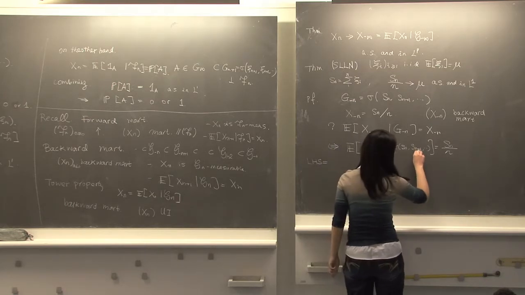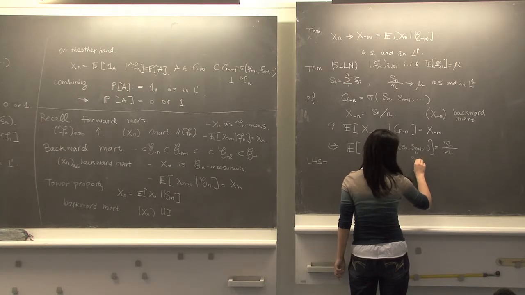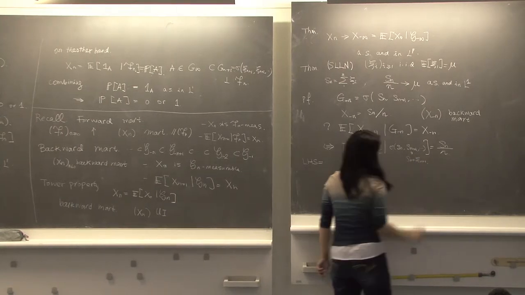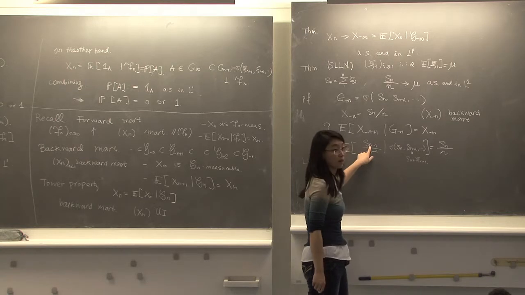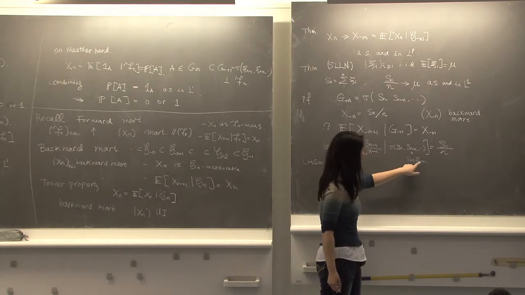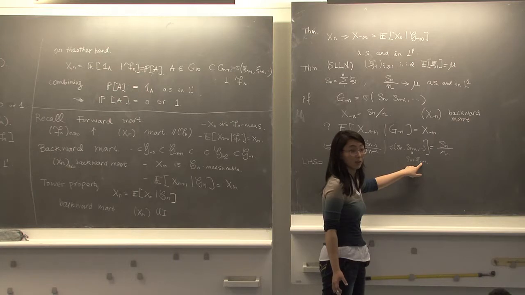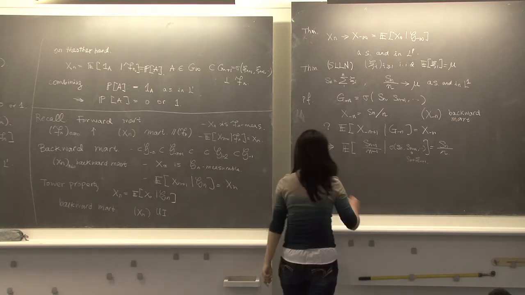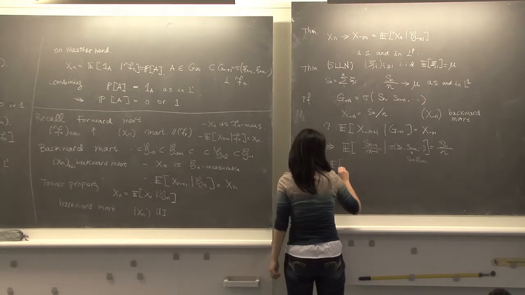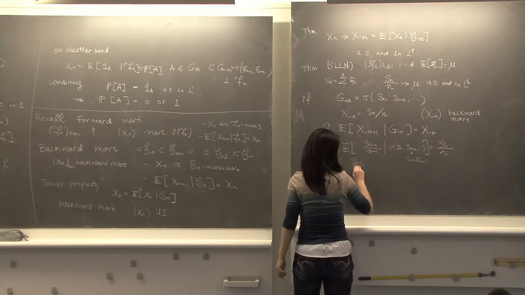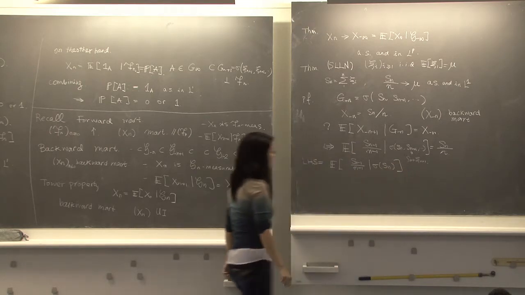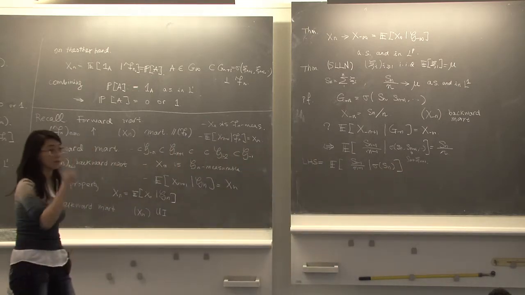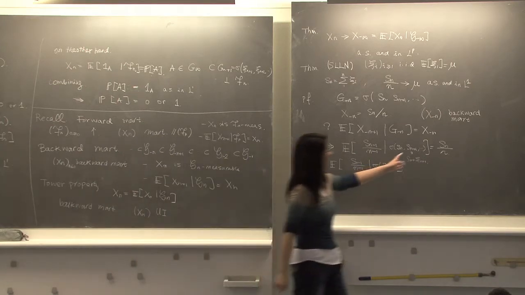Sn plus 1 is Sn plus xi n plus 1, and xi n plus 1 is independent of Sn and also independent of Sn minus 1. So this information doesn't help us calculate the conditional expectation. So the left-hand side equals the conditional expectation given the information of Sn, because all the information about the future terms doesn't help.